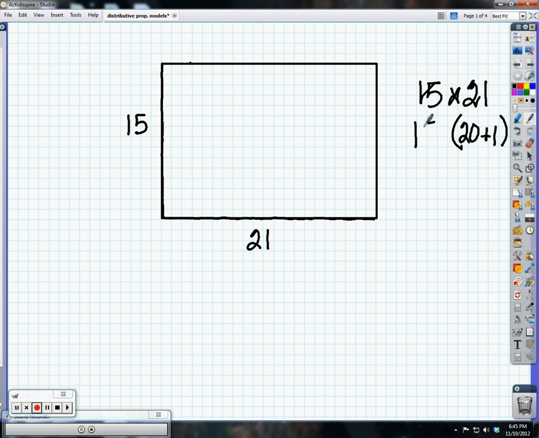I haven't done anything to the 15 times, so this is still 15 times 21 as we see up here. So as I did before, I am going to put the length of the 20 on the opposite side. So here would be my length of 20, and that's going to be my larger rectangle that I'm going to shade in red.